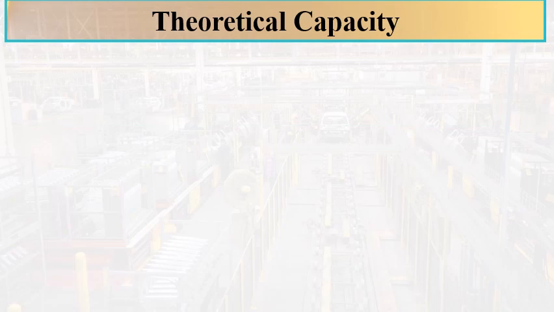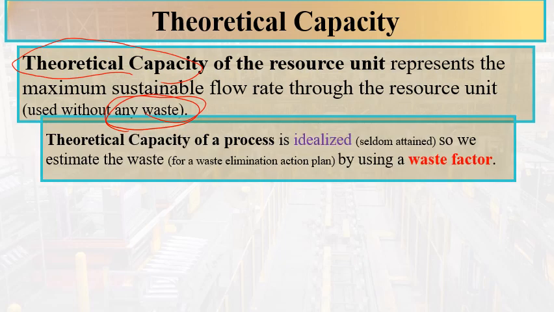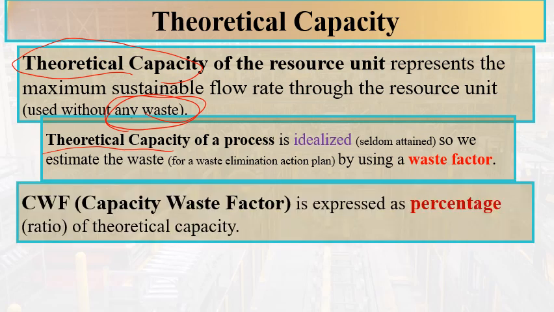So now we're going to see how we calculate the theoretical capacity if we know the ratio of waste. The theoretical capacity is basically just the effective capacity without any waste. If we take the waste out of any process, then we get to theoretical capacity.